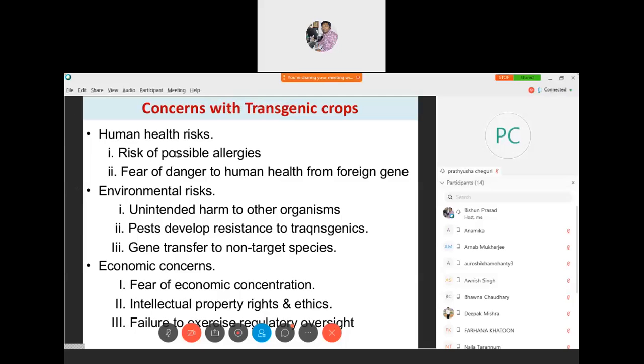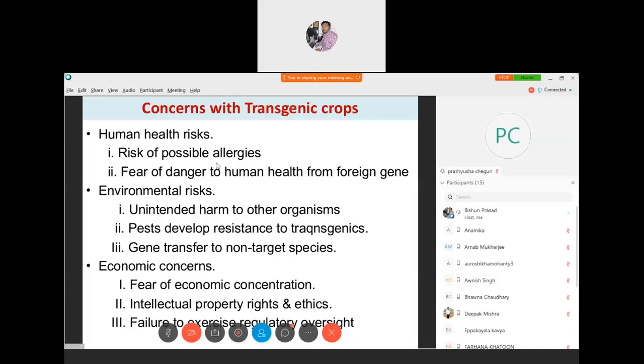The first step, whenever we clone any gene or work with any protein, is to check the similarity with known allergens. If we find some similarity with a known allergen, then we discard it. We cannot use it for making transgenic plants. After that we also have to perform feeding experiments with animals, then feeding experiments with volunteers. So there are different steps.